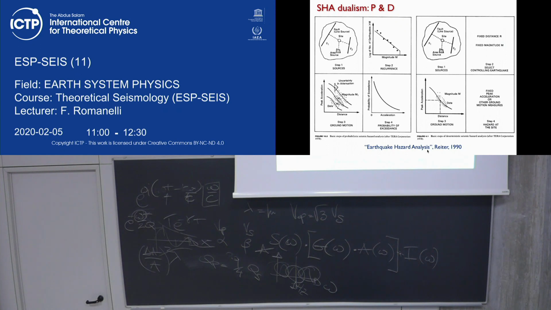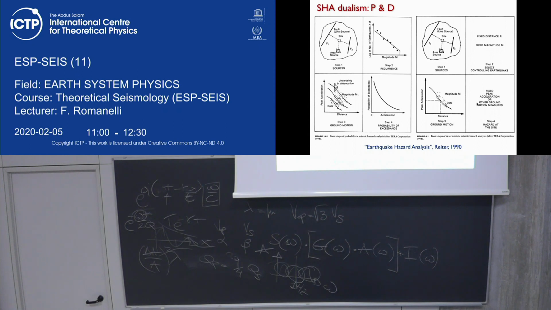There is one copy at the ICTP library. It's an old book, okay? Well, yeah, it's old. But still, it does contain all the fundamental assumptions of different steps to be taken when you're dealing with hazard assessment. And this dualism, there is the probabilistic vision and deterministic vision.